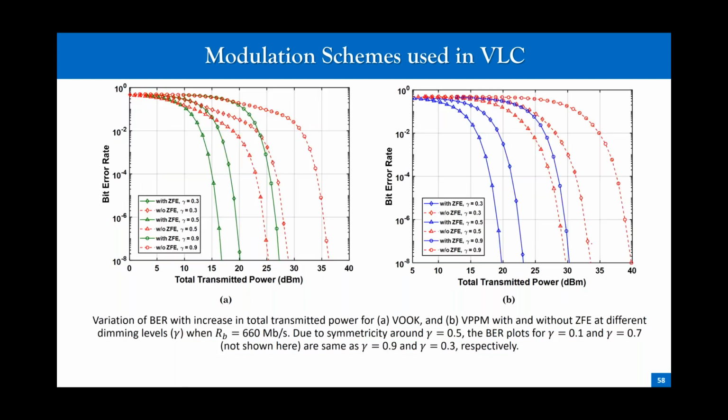Now we have also done this using equalization. Equalization helps us in getting rid of small intersymbol interferences that are available in the system. Using ZFE, zero forcing equalizers, we have again improved on the performance of these systems. So these are modulation schemes in combination with zero forcing equalizer.